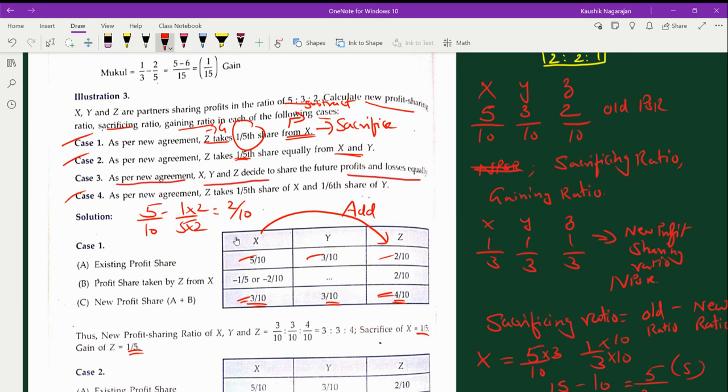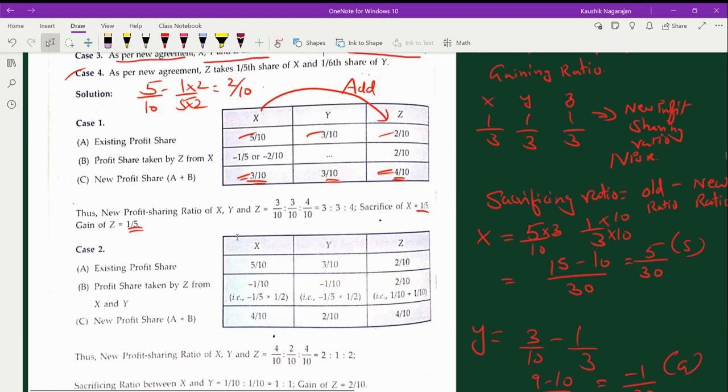from the respective partners. So here again you prepare a table whereby the existing profit sharing ratio among the three partners X, Y, and Z is 5 by 10, 3 by 10, and 2 by 10. In this case, it is quite simple and evident that both the partners are giving some proportion from their share of profit for the sake of Z. So that means a portion from X goes to Z, and even from Y, Z takes up.